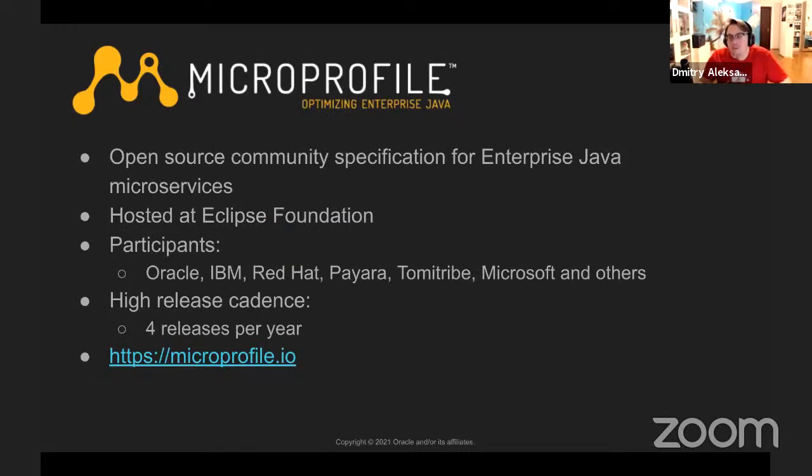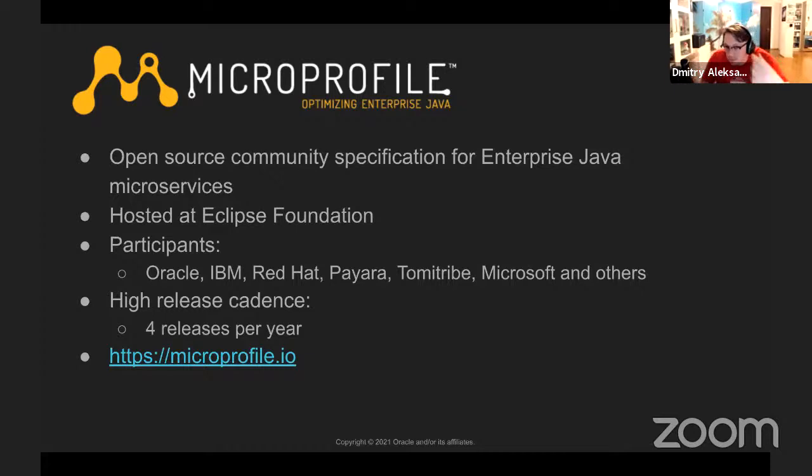So, a few words about MicroProfile. I'm quite sure everybody knows it, although it's a specification actually born before our eyes, which is amazing, because most of us are witnesses of how it was born. About 4 years ago, several companies sat together and said, okay, we want to do an open source community specification for enterprise Java microservices.